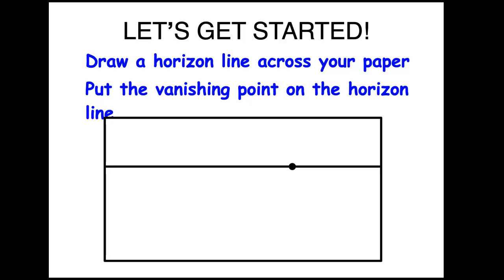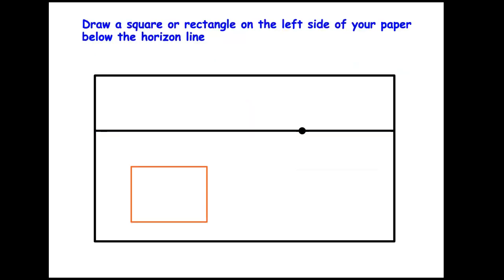Let's draw a horizon line, and I'm just going to go through this really quickly. Across your paper, put the vanishing point on the horizon line. Now, this is exactly how you're going to make your thumbnails, except a little different. But I want you to see how it would start. And then from there, we would create a shape.